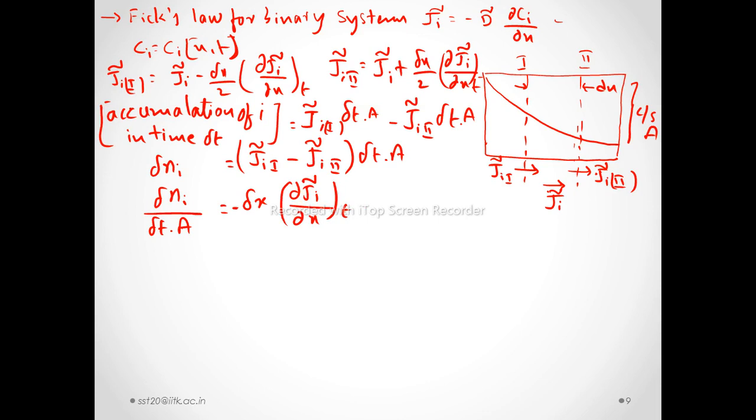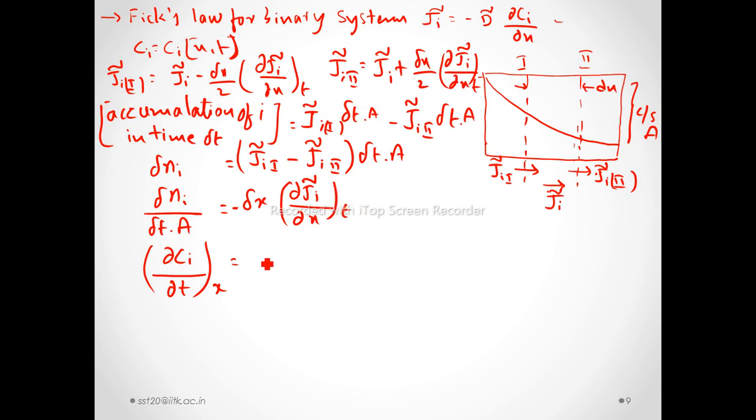Okay, so from the definition we can say this del ni divided by A is given with respect to unit thickness, we can get it as concentration, with respect to delta t, and here this del x is multiplied here and we can get it as concentration here, right.